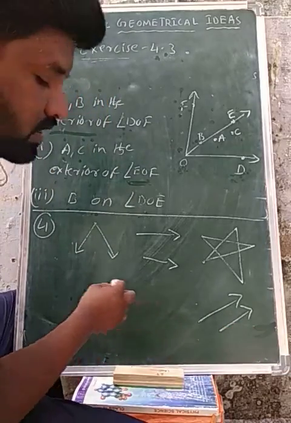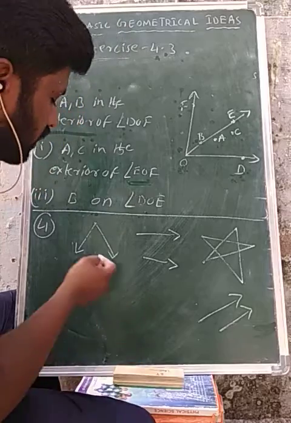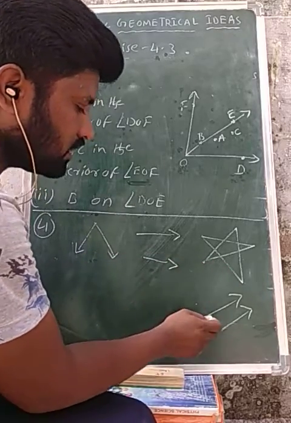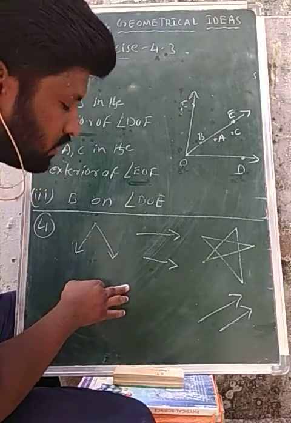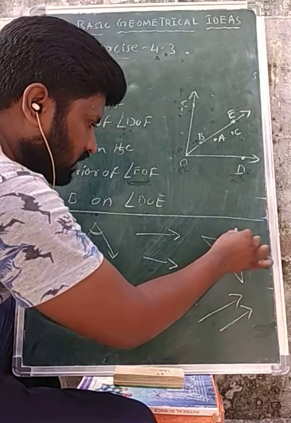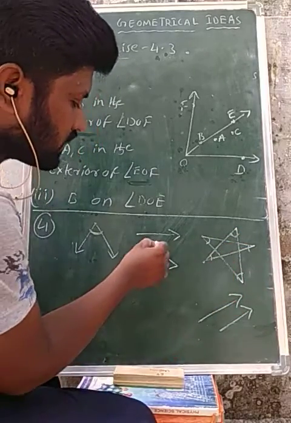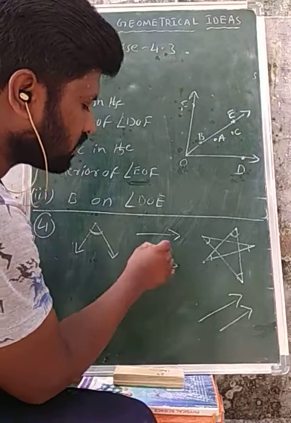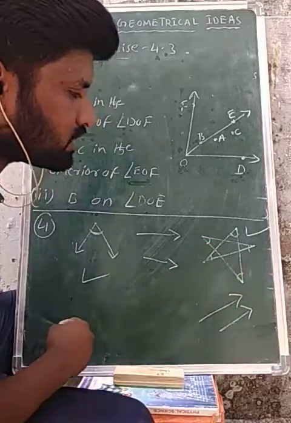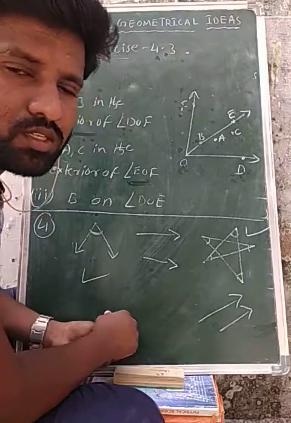In which of the 4 figures, 1, 2, 3, 4, are angles formed? In first figure angle is formed, and as well as in third figure also angles are formed. So in second and fourth figures angles are not formed. So this is the required answer for these questions. So thank you.